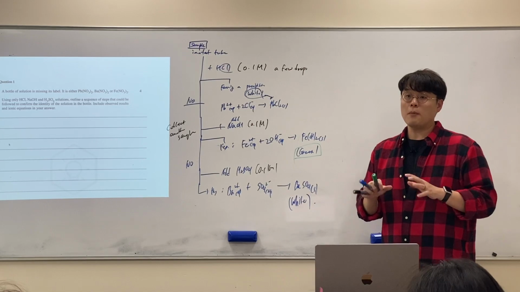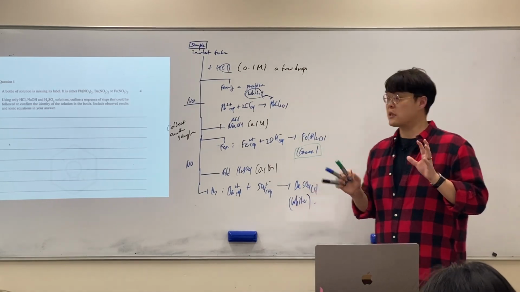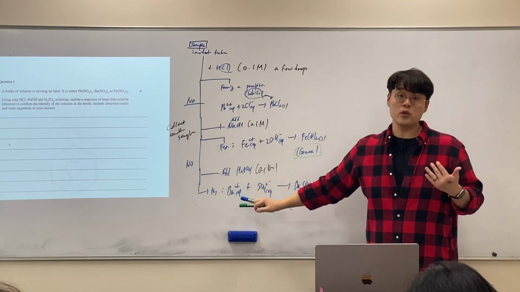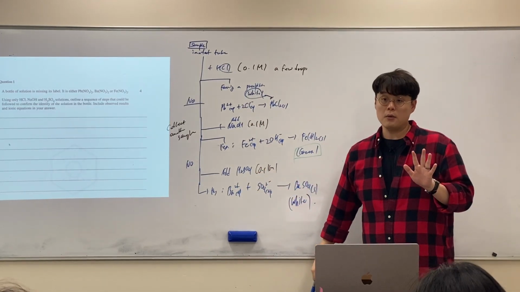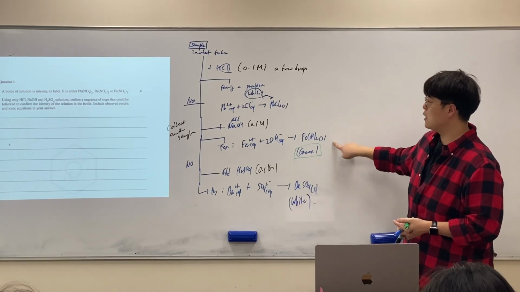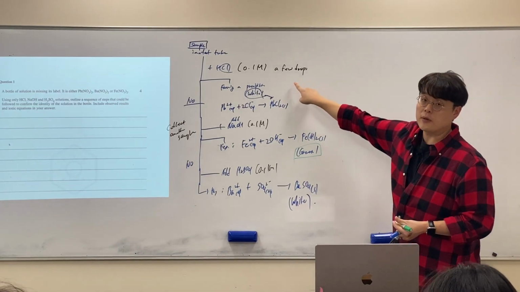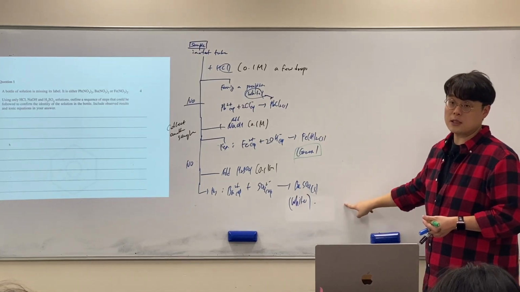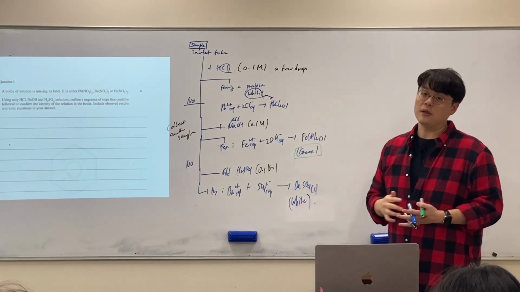So there could be multiple answers for this. You don't have to start from the hydrochloric acid. You can start from the sulfuric acid if you want to. That's fine. But what we're going to look for in your answer is the correct net ionic equations with the expected result, which is the color of the precipitate, and which solution you put it in.